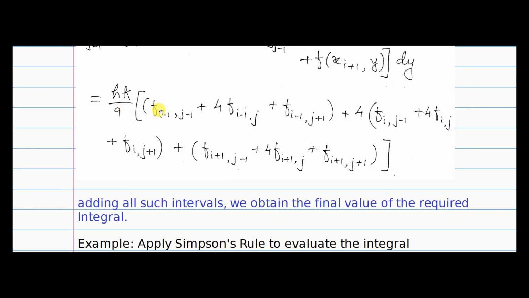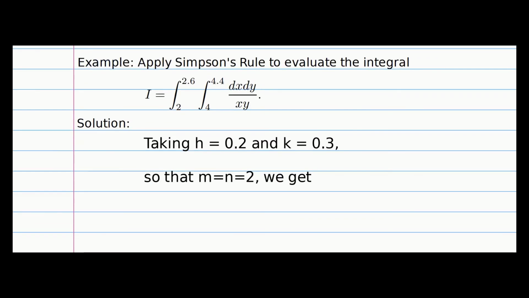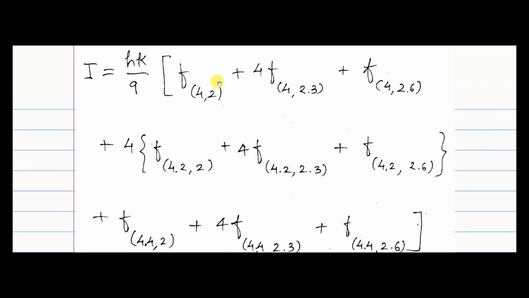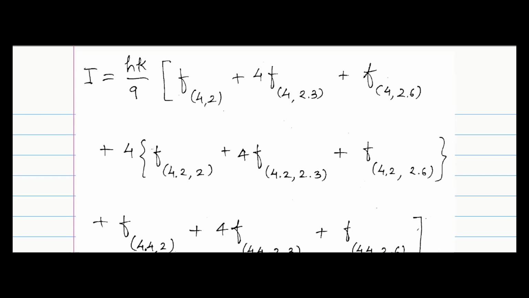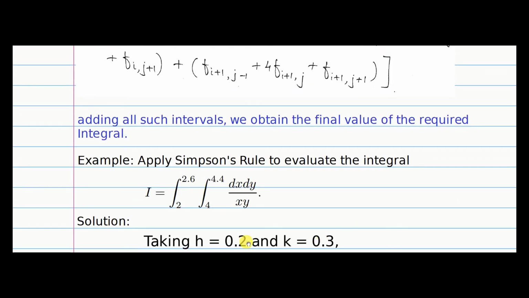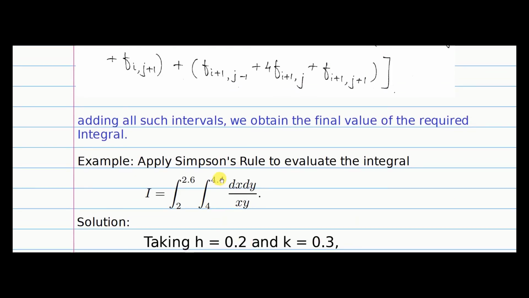This is the formula, and how do we proceed here? So hk by 9, now the first interval will be 4, 4, 4, then 4.2, 4.2, 4.2, then 4.4, 4.4, 4.4. So basically 4 to 4.4 with step size 0.2. So we have considered this integral, and then 2, then 2.3 and 2.6.